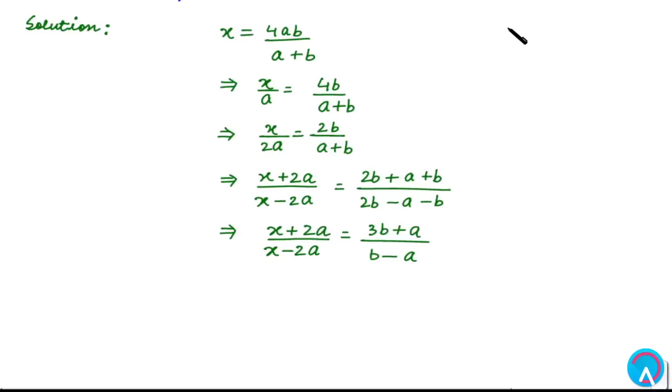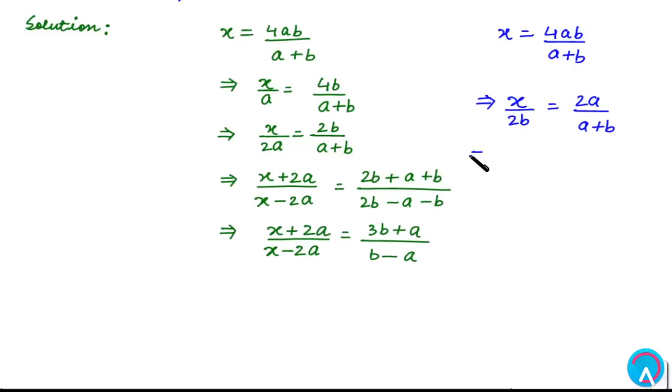Also, if we take x is equal to 4ab by a plus b once again, we can have from here x by 2b is equal to 2a by a plus b.